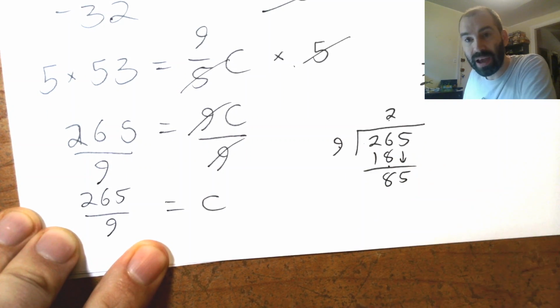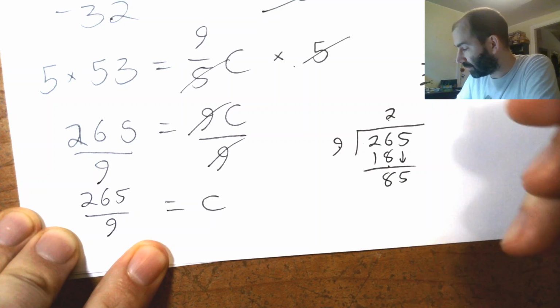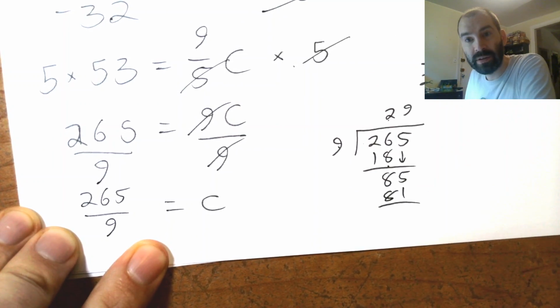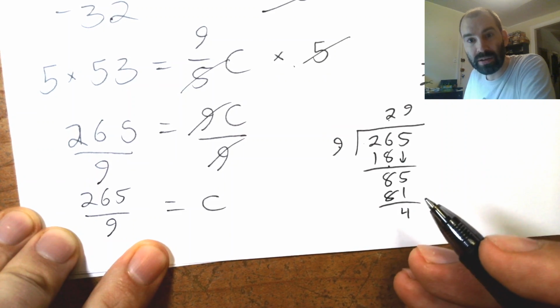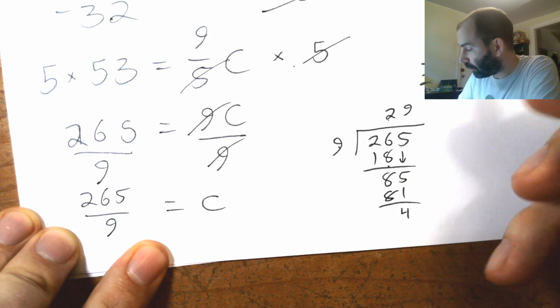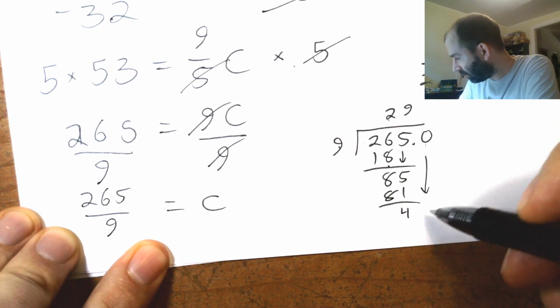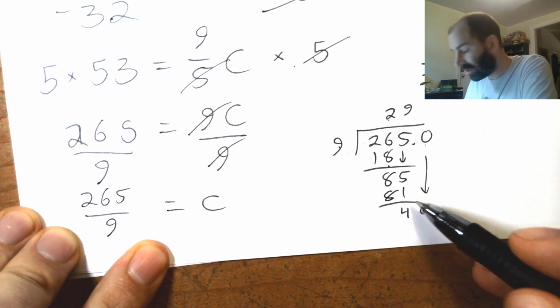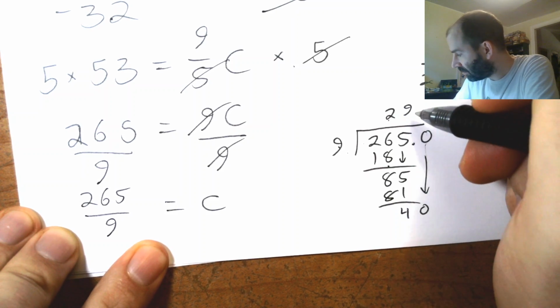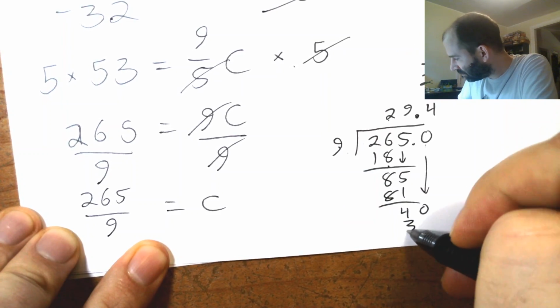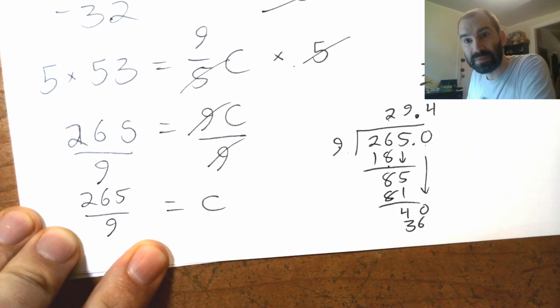How many times does 9 go into 85? 9 times. 9 times 9 is 81. Subtract. Now, are we done? No, we can go further if we put a 0.0 here. Drop the 0. How many times does 9 go into 40? It goes in there 4 times. 4 times 9 is 36.